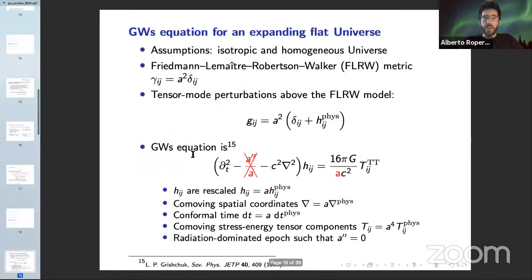So now, going into the generation of gravitational waves, we assume that we have an isotropic and homogeneous universe, and that there are tensor mode perturbations above this metric tensor given by the strains h_ij.